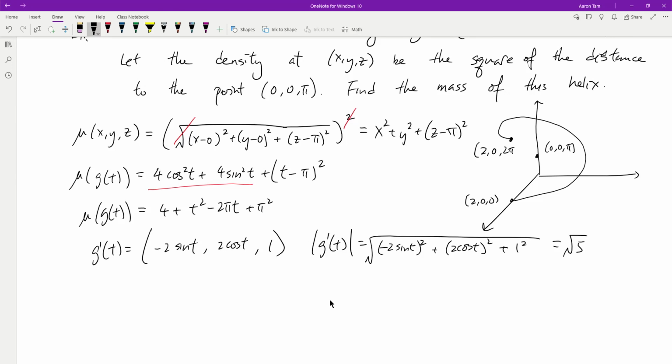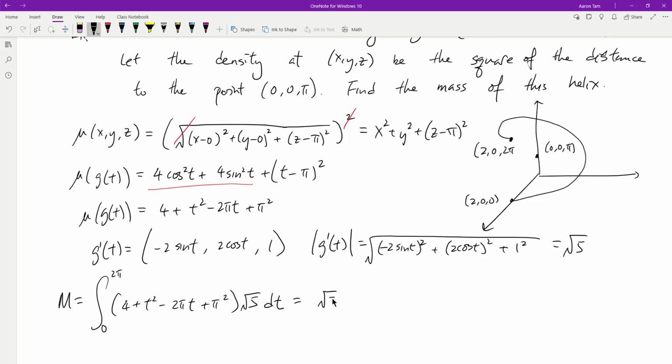So now I think we're ready to put everything together for the mass. Using the formula, the mass will be given by the integral from 0 to 2π of mu of g of t, which is 4 plus t squared minus 2πt plus π squared, multiplied by the length of the velocity vector, which is radical 5, dt.